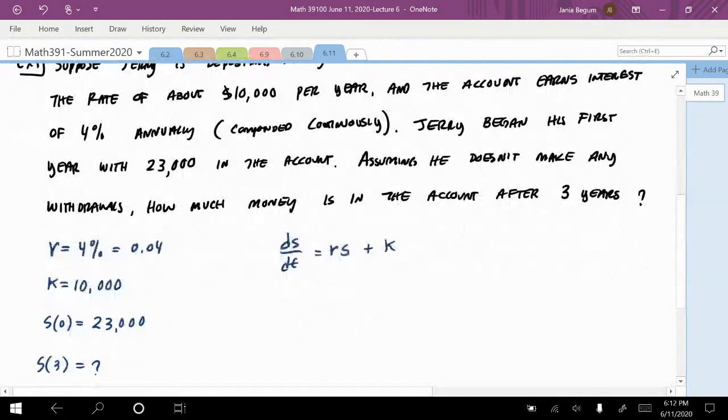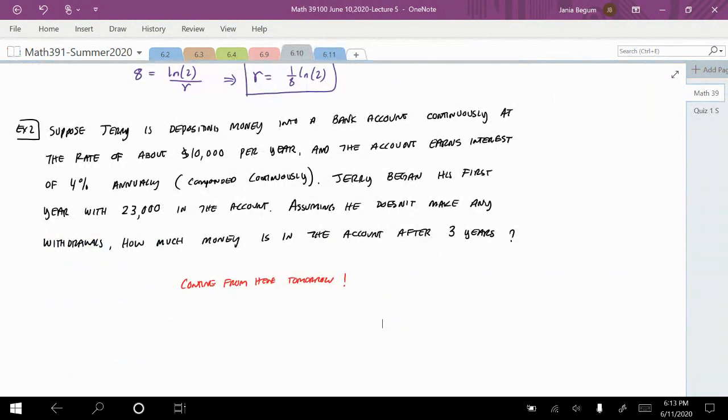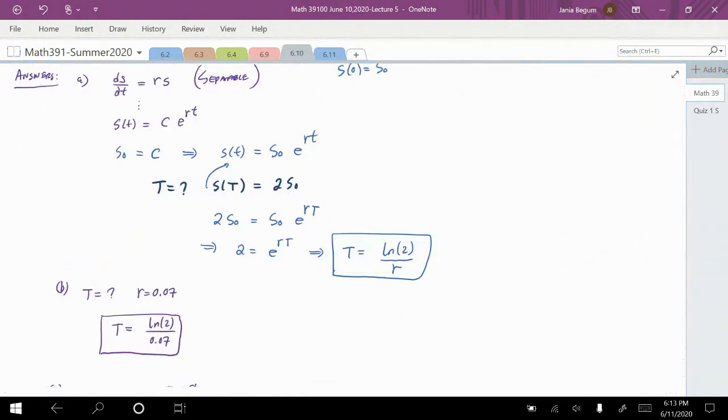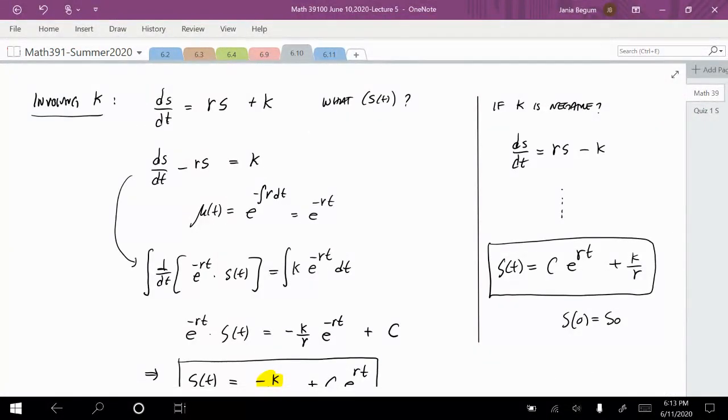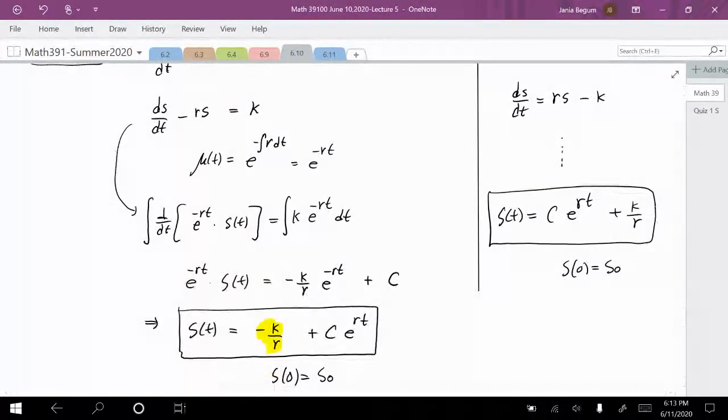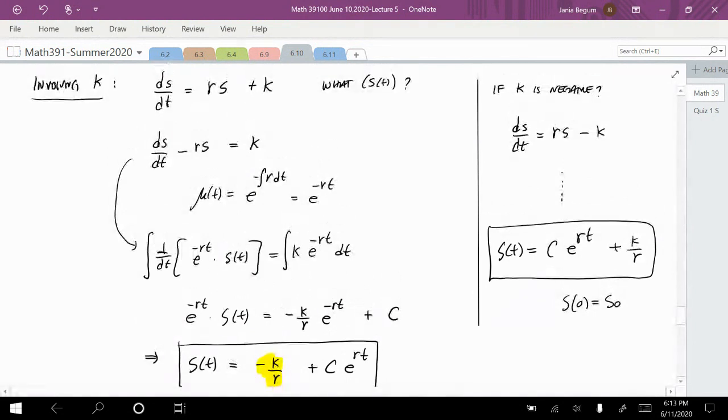For this one, if this is the model we're using, what is the solution to this? You could memorize it, right? If I go to our notes from last time, if we have this model, rs plus k, then the solution is right here. S of t is equal to negative k over r plus c e to the rt. Or if k is negative, then we have the other formula.